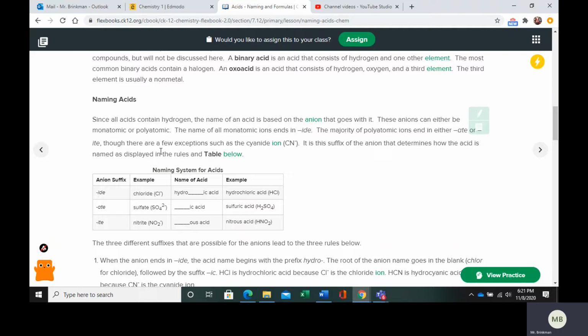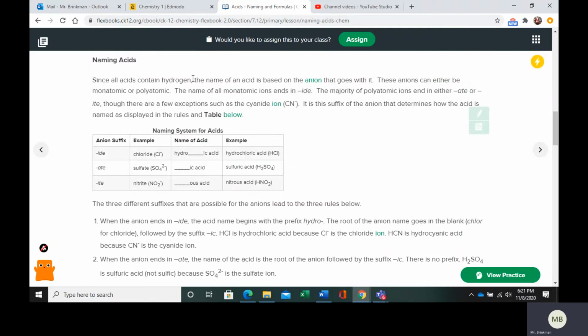So how do we name acids? All acids have hydrogen. So the name of an acid is going to be mostly based on the anion that pairs up with it. The anions can be monatomic or polyatomic. All monatomic ions, ones that are made up of one atom, are going to end in "ide."